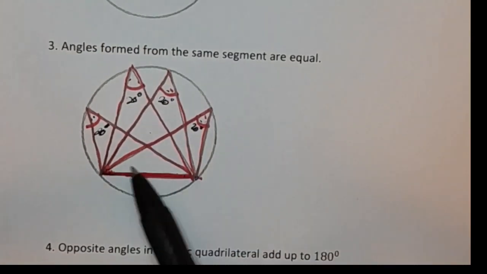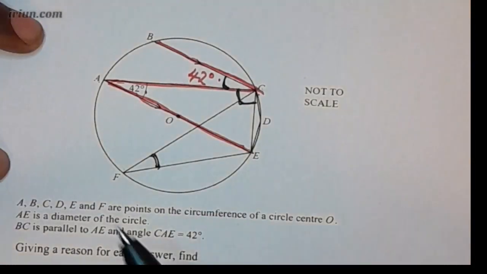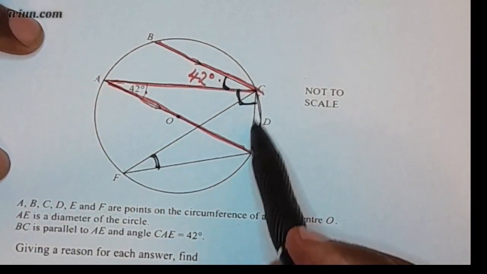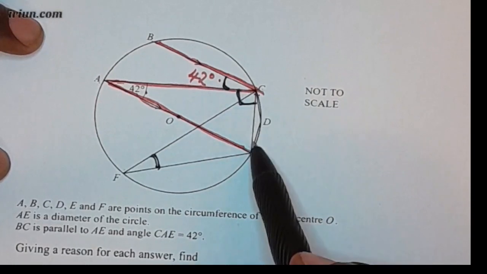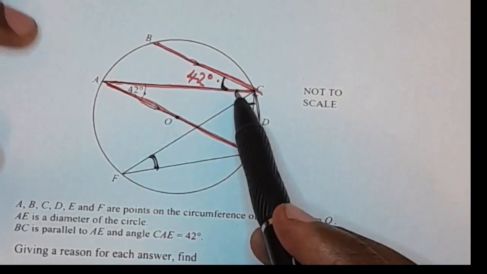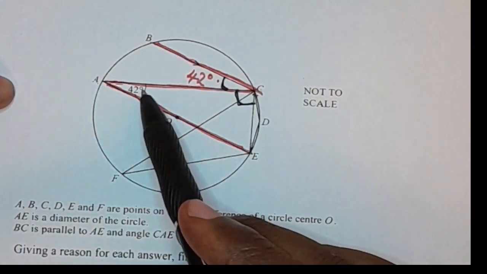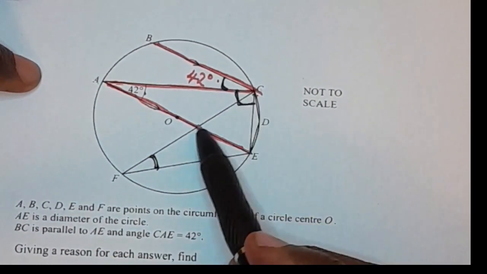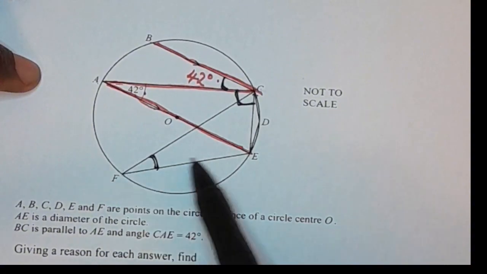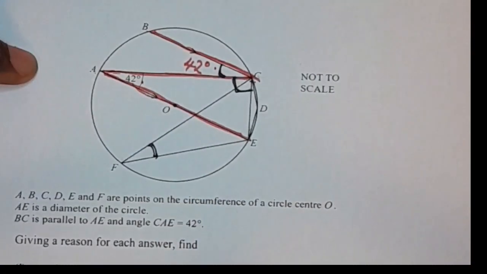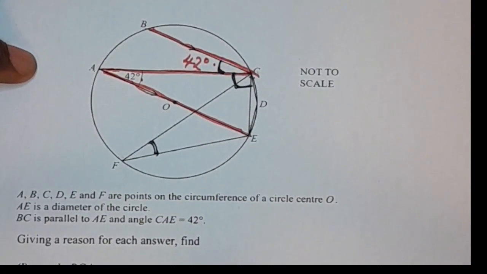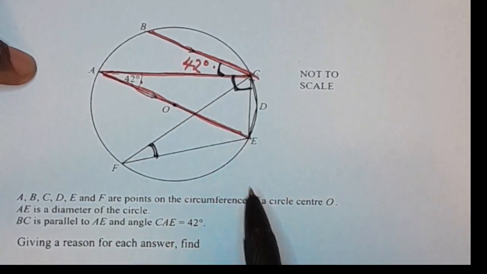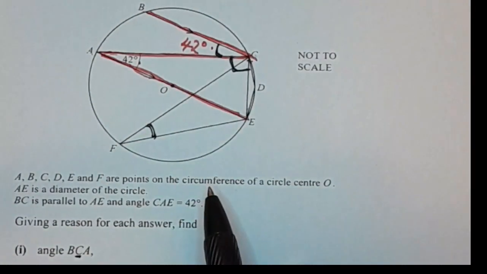Angles formed from the same segment are equal. You can see that you have this segment. This same segment has formed this angle here, which is 42, and the same segment has also formed this angle here. So angle CFE is 42 degrees.